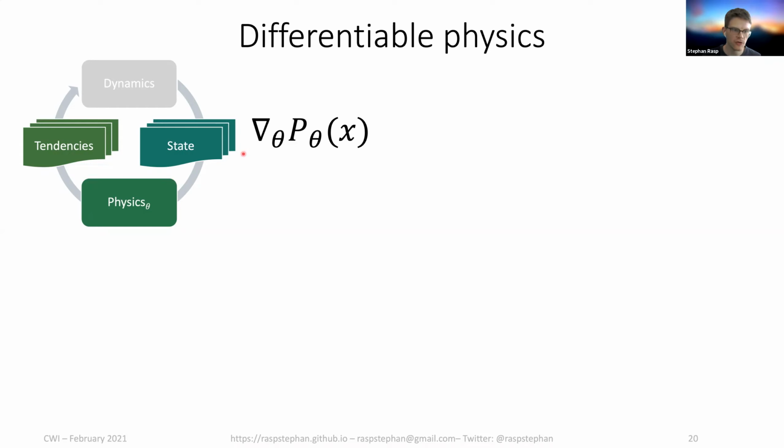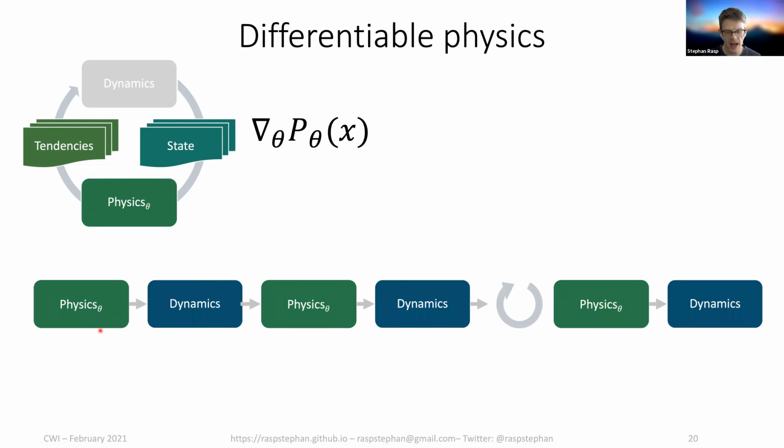But now if we unroll this cycle here, we have physics, dynamics, and so forth, maybe hundreds of thousands of those. And you have your physics, which have some machine learning or neural network component in it, and you have other model components that don't. Now the idea is, let's not only learn for one time step.